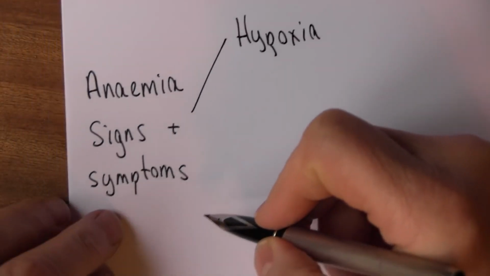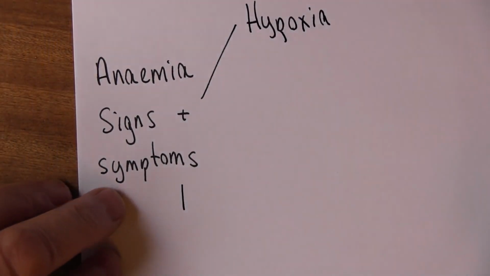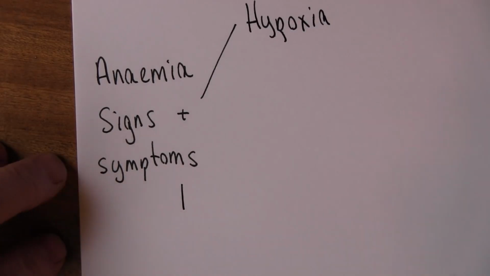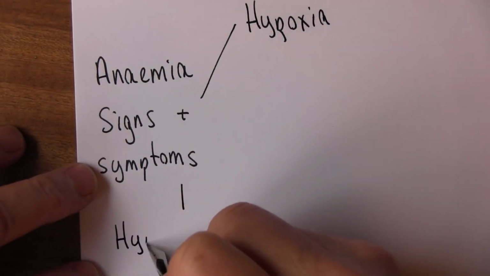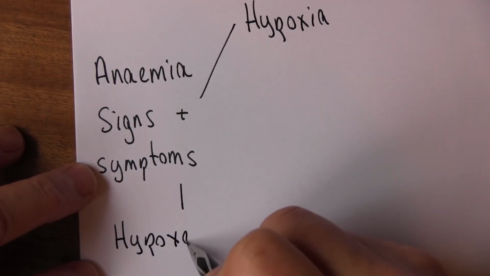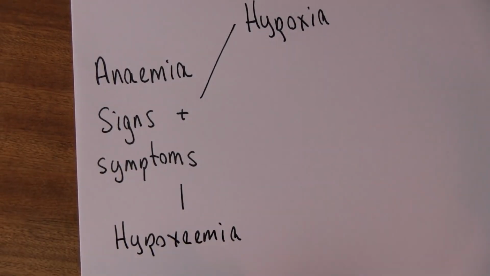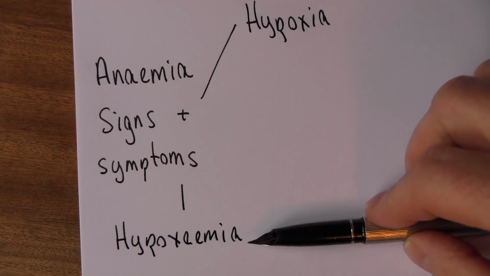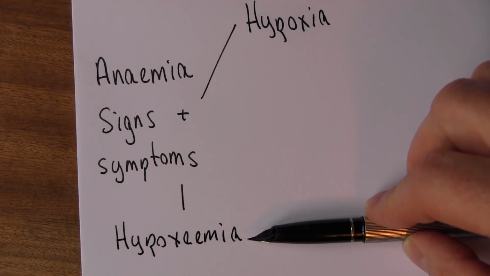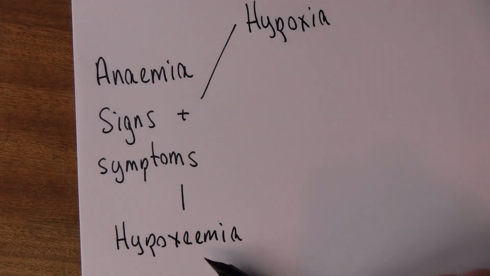And the second one is the clinical features caused by the hypoxemia. Now, what do we mean here? Well, hypoxemia is a deficiency of oxygen in the blood. Not enough oxygen in the blood. The emia part is in the blood.